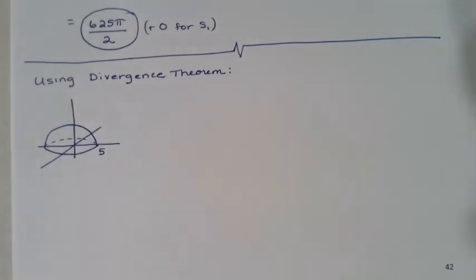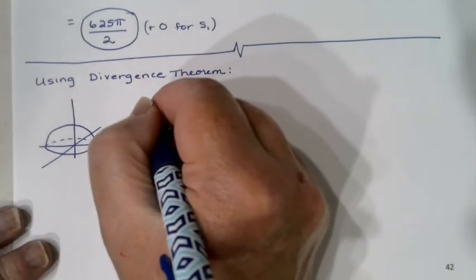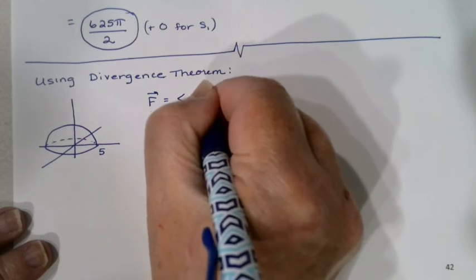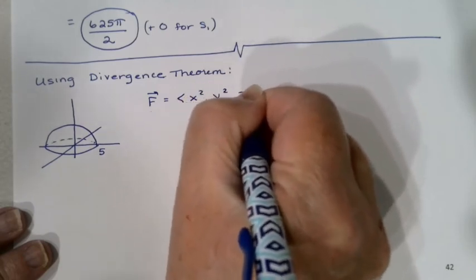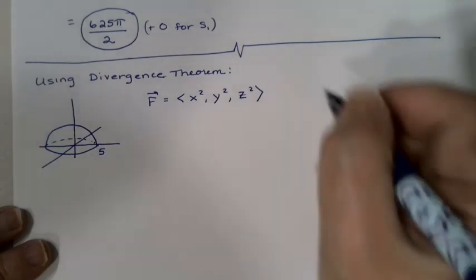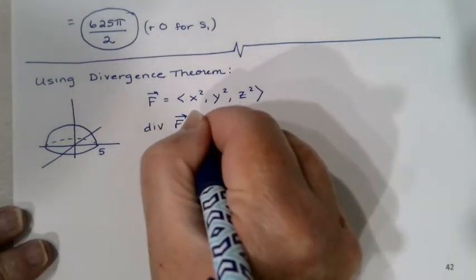If I'd like to go ahead and use my divergence theorem now to do this, I'm going to start by reminding us again that F was x squared, y squared, z squared. And I need the divergence of F to use the divergence theorem.